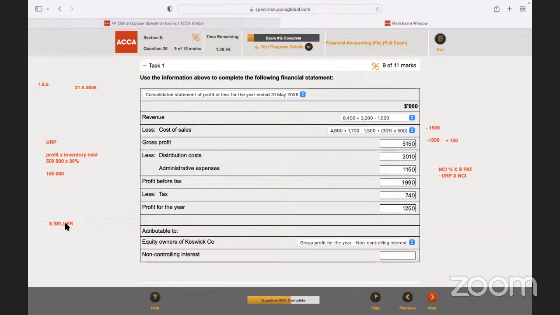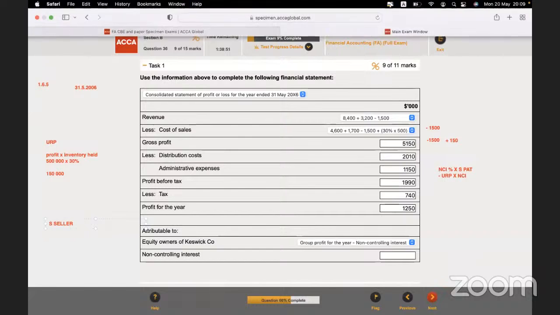But when the subsidiary is the seller, what's the double entry for URP we studied last week? When the subsidiary is the seller, guys, the double entry is inventory credit, retained earnings debit, NCI debit. There the NCI is getting affected. So bottom line, when in questions there is a URP, make sure that the subsidiary is the seller. Because when the parent sells to the subsidiary, and if there is a URP, NCI is not involved.